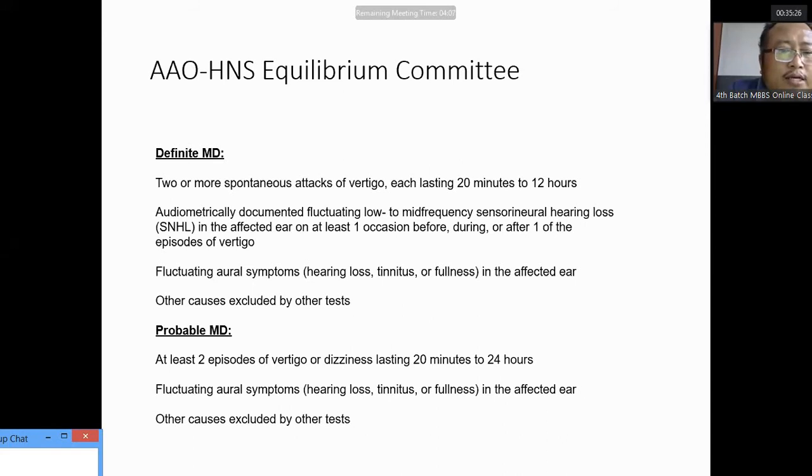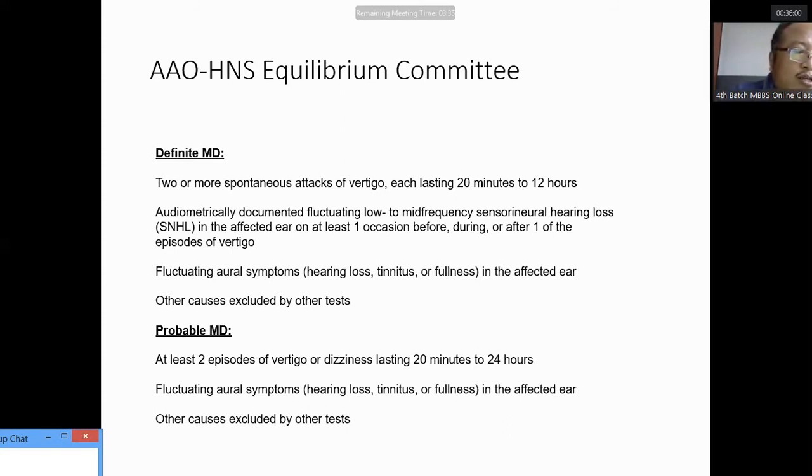There might be added aural symptoms like hearing loss, as we have mentioned in the audiogram, tinnitus, or fullness in the affected ear, and other causes should be excluded by other tests. When we evaluate a patient with vertigo, these tests come into action, and they should exclude other causes before we term it Meniere disease.